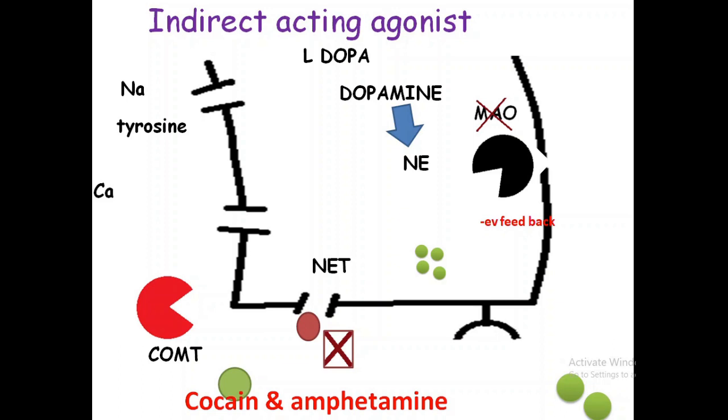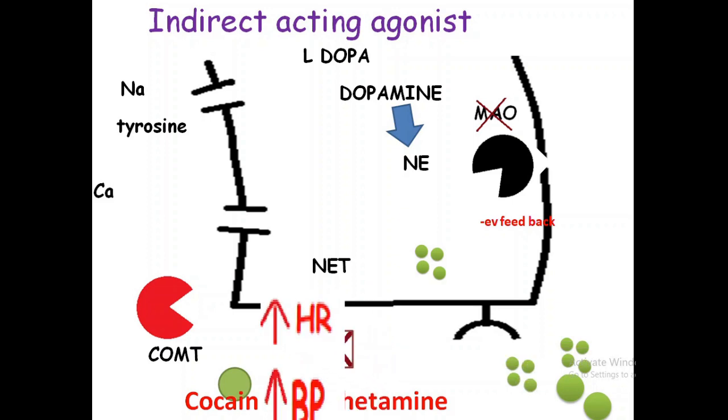Best examples of these are cocaine and amphetamine, which work by blocking reuptake of norepinephrine, as well as dopamine, particularly in the region of brain that controls the reward system, and this is why they are highly addictive. Additionally, these drugs stimulate alpha 1 and beta 1 receptors, which lead to sympathetic responses such as rise in blood pressure and increase in heart rate.